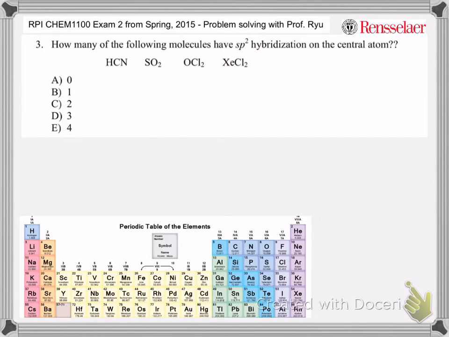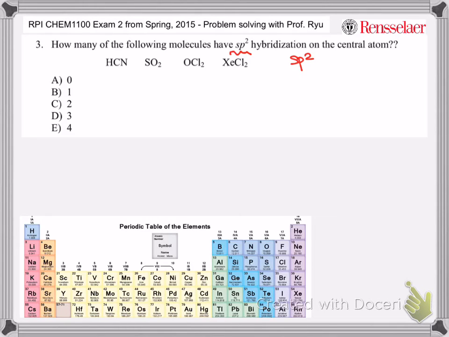Okay, this is question number 3: which of the following molecules has sp2 hybridization? sp2 means there are 3 coordination. You should count not only the bonds but also the lone pairs to figure out the hybridization of the central atom.